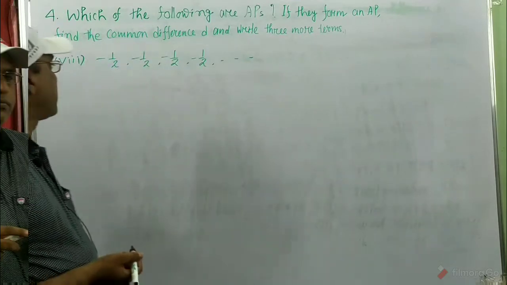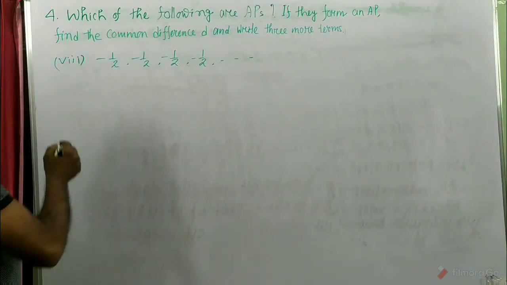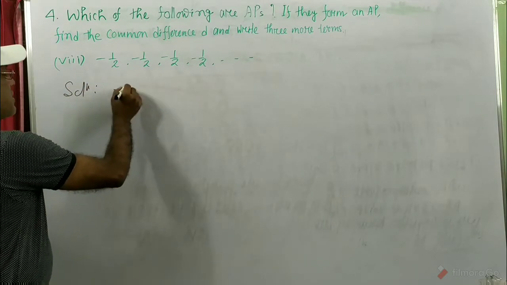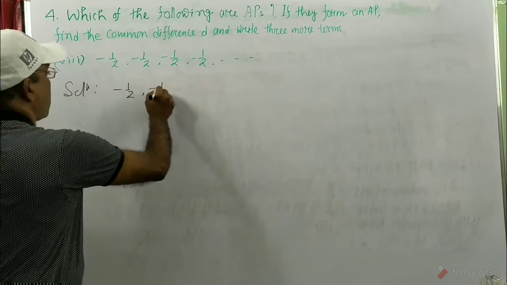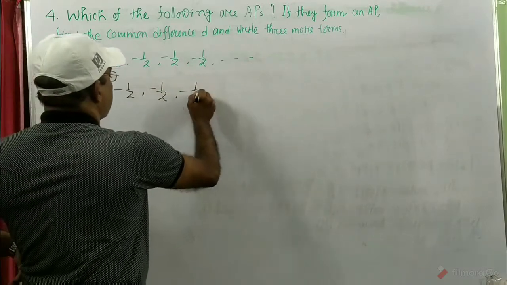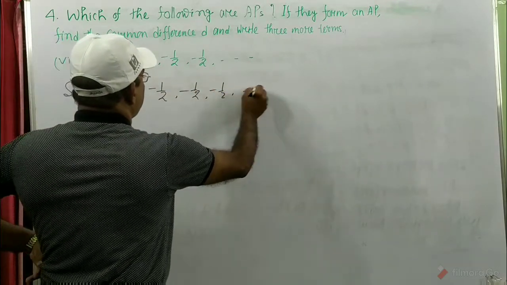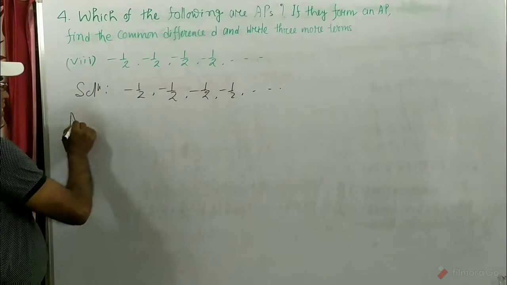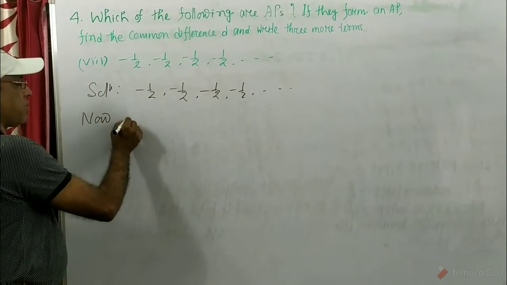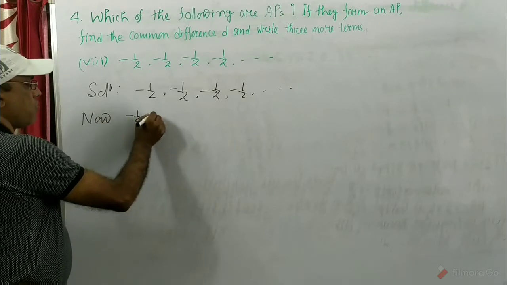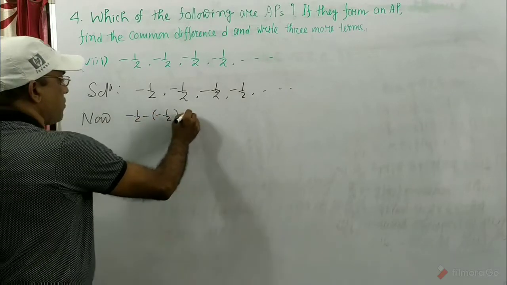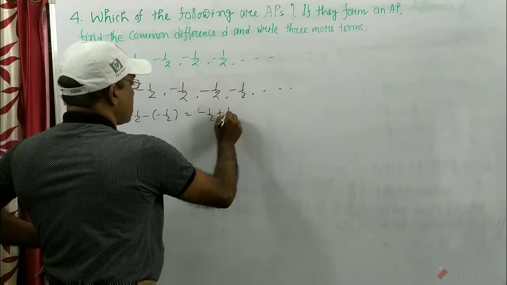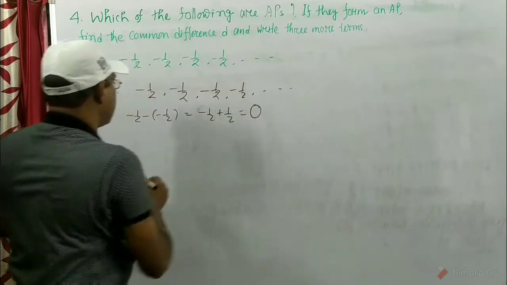So we consider problem 8 number. All of these are same numbers given. This is minus 1 by 2, minus 1 by 2, minus 1 by 2, minus 1 by 2, dot dot dot. So we want to check whether they form an AP or not. Minus 1 by 2 minus minus 1 by 2, minus 1 by 2 plus 1 by 2, this is 0.